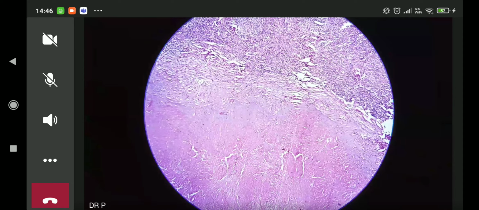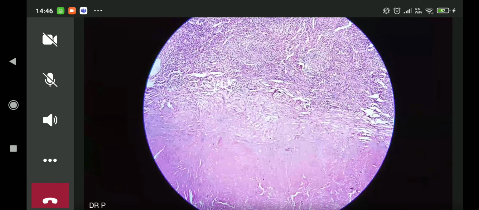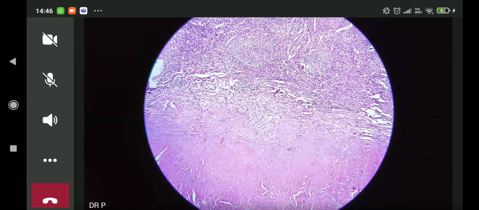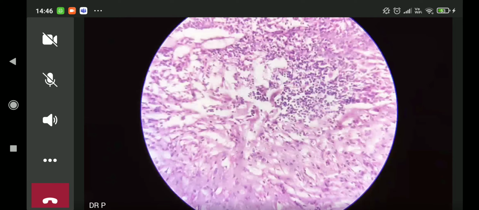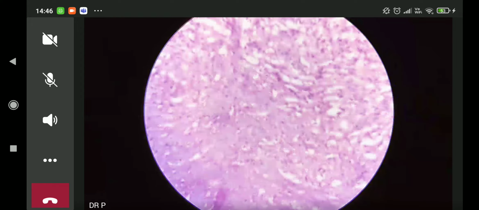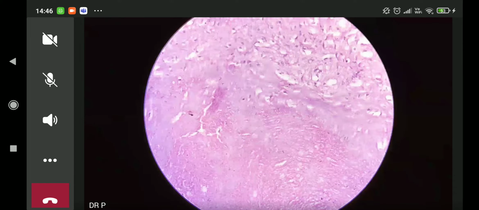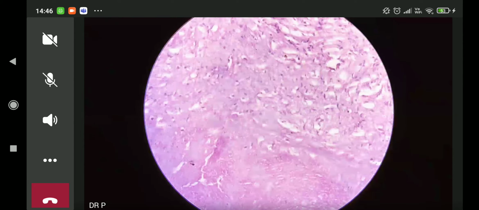But something is definitely happening at the boundary. What is happening at the boundary? You see, this is the necrosis and this is the lymphoid area. What is happening in the area in between?